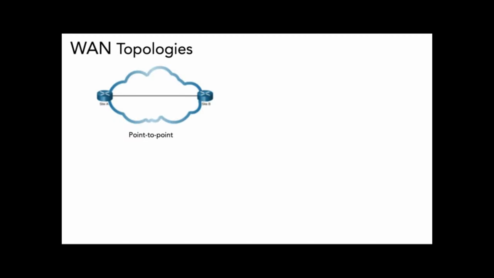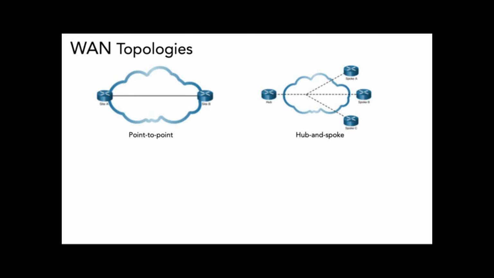The next one we have is hub and spoke topology. This type of topology is applicable when a private network connection between multiple sites is required. Here you can see there is one hub, and other spoke sites like spoke A, spoke B, and spoke C. The third type of topology is full mesh topology.